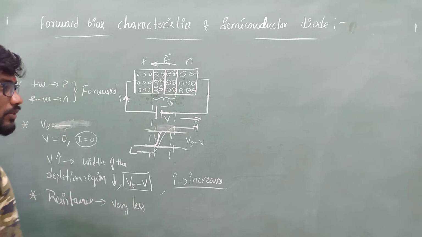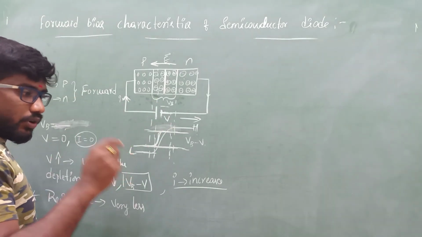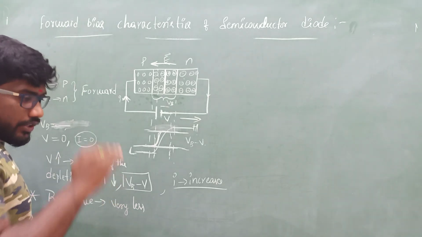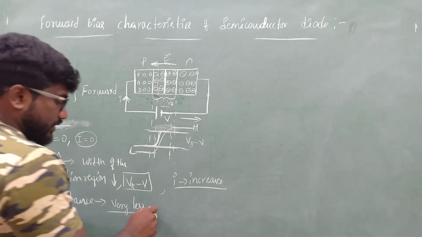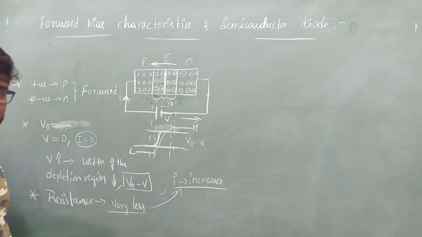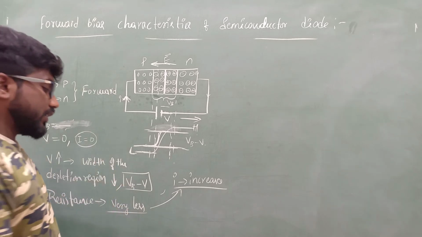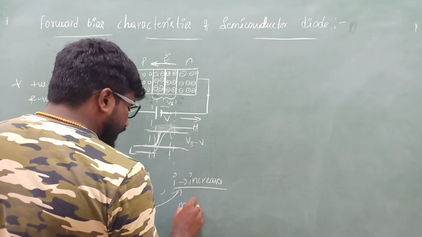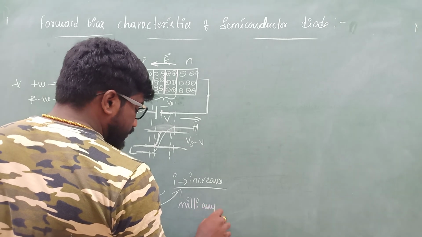Why is it less? Because the depletion region width decreases. Decreases means what? Opposition decreases. So opposition decreases means what? Resistance is less. If resistance is less, then what happens? Current increases, and the current we are getting here, that we are going to get in terms of milliampere, or milliamps.